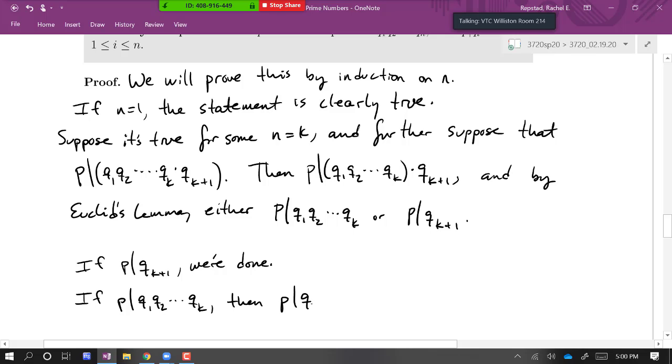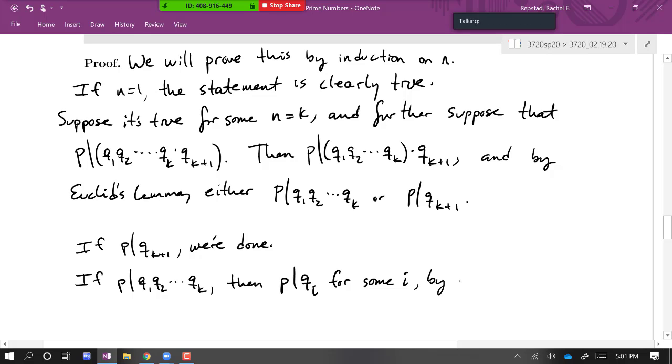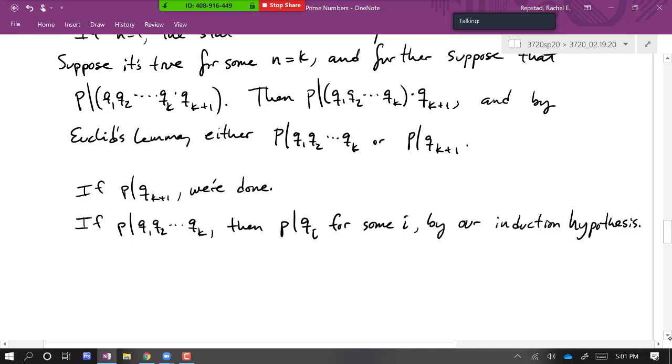Then P divides Q sub I for some I by our induction hypothesis. And now the result follows by induction.